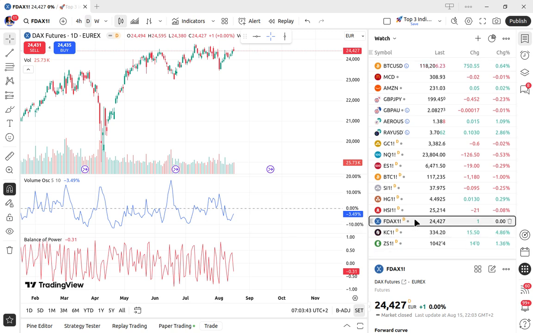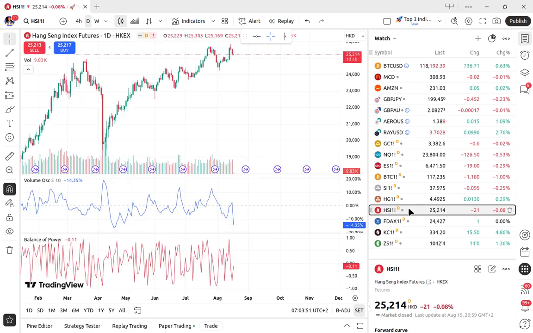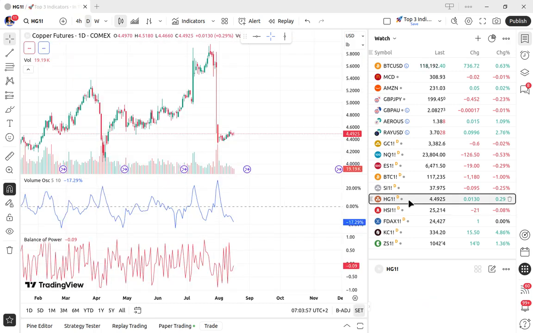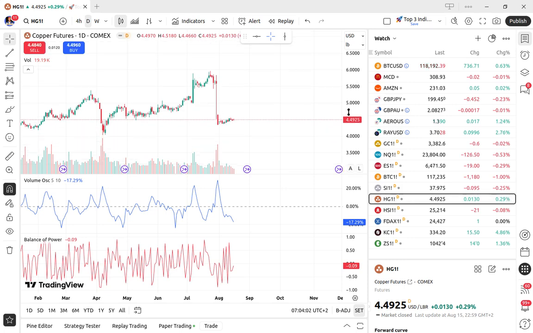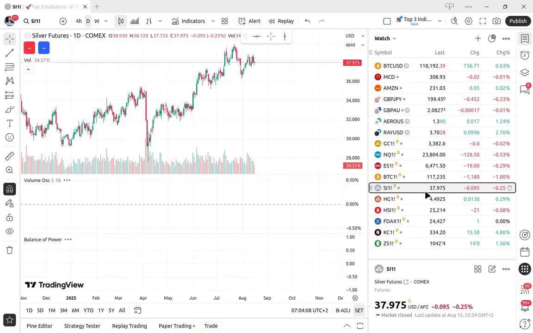So I see something in the DAX futures. I think I see a buying opportunity there, so I'm going to investigate that a bit further. I think I see a buying opportunity in Hong Kong as well. I don't know what's happening to the copper prices, but I'm going to investigate that as well.